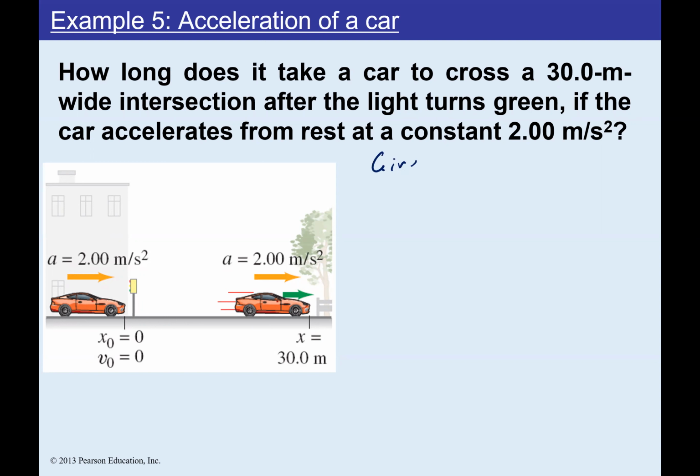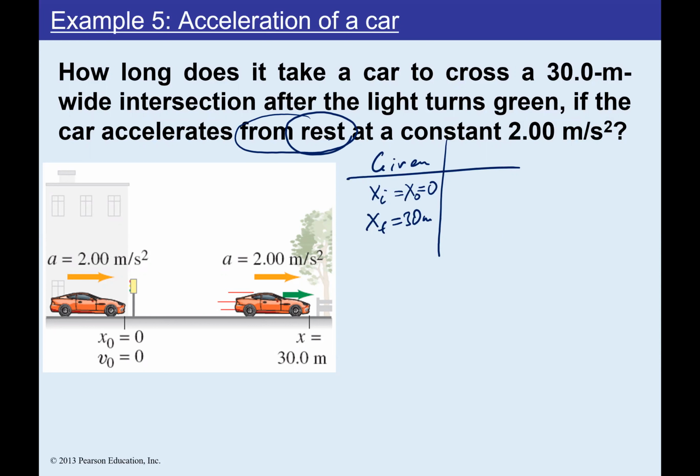Again, let's see what we're given. We're given that the car crosses a 30-meter wide intersection, which means that I can take x initial. By the way, the initial can sometimes be written as x sub i or x sub 0. It's the same, just different notation, but meaning the same thing. So this is 0. X final, then, is 30 meters. We are told that the car accelerates from rest.